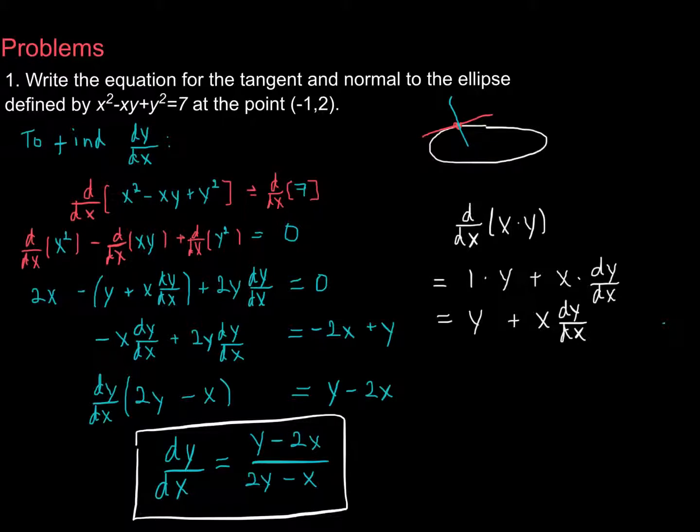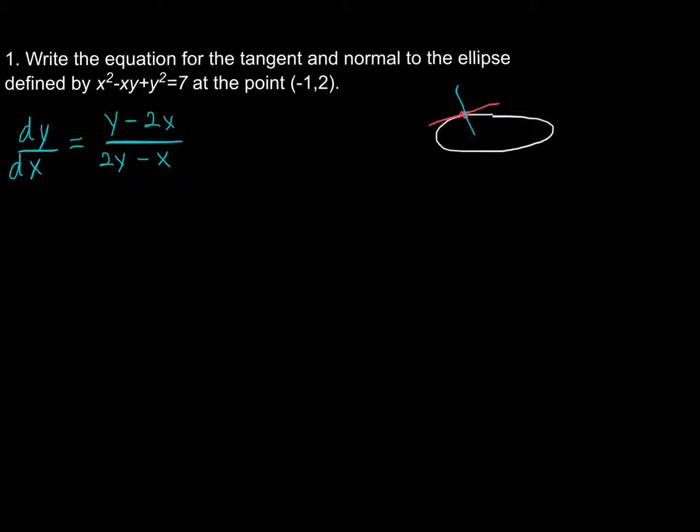So that's what I was trying to find there, and now I know I want the tangent to the curve at negative 1 comma 2, so I need dy dx evaluated at this point. That'll give me the slope, and then I'm going to find the opposite reciprocal in order to write my normal. All right, so we have our derivative, and we now want to find the slope at the point negative 1 comma 2, and so that will give us the slope of the tangent.